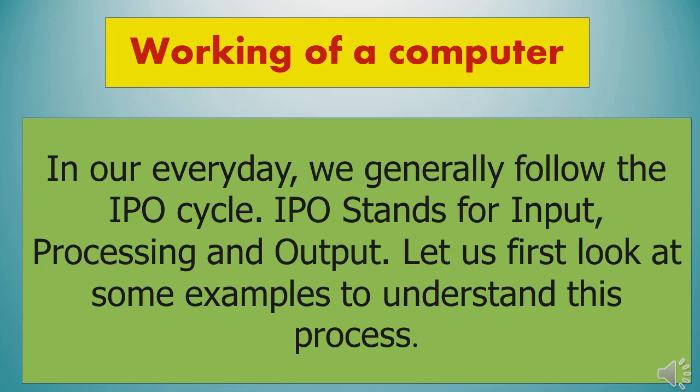IPO stands for input, processing and output. I stands for input, P stands for processing and O stands for output. Let us first look at some examples to understand this process.